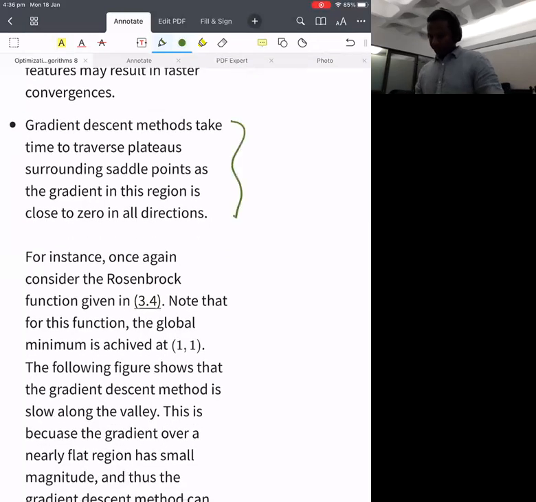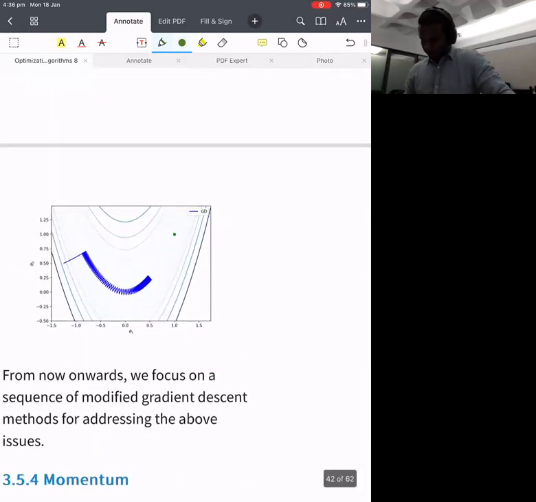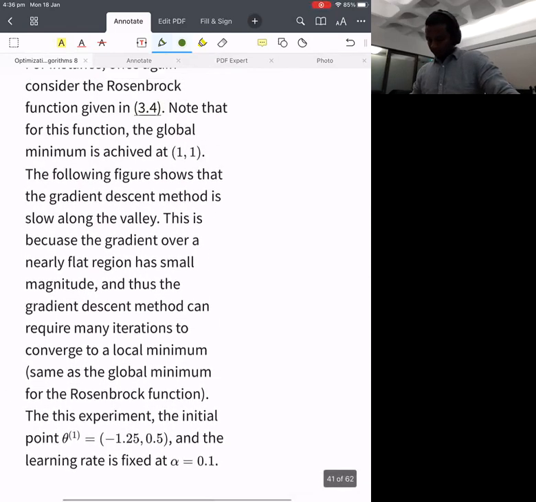This is a point we already spoke about. It's about saddle points. Gradient descent methods, as we see later, in valleys and closer to a saddle point, oscillate. They don't really converge properly, and they don't really understand which direction they have to go, and that is one complexity.